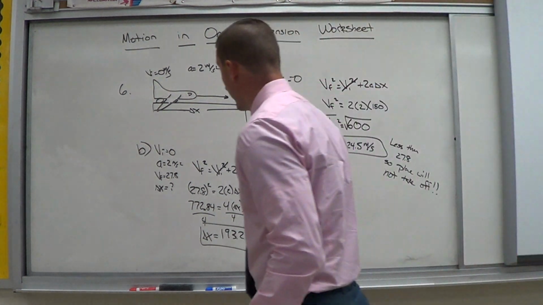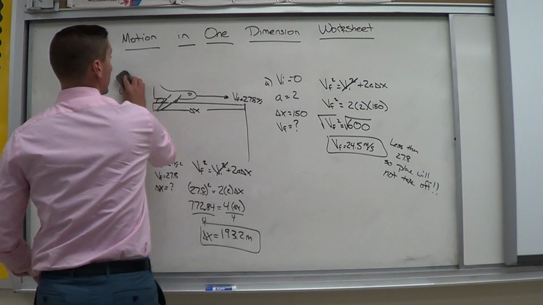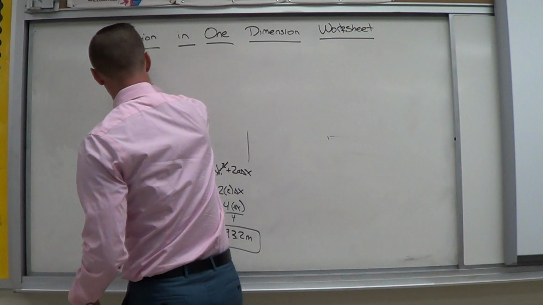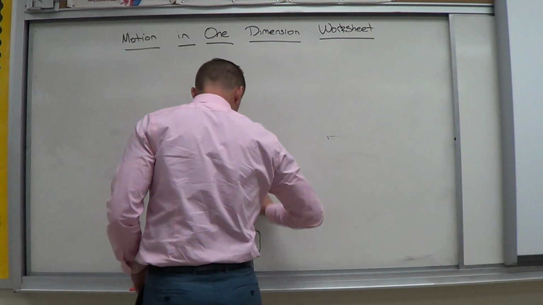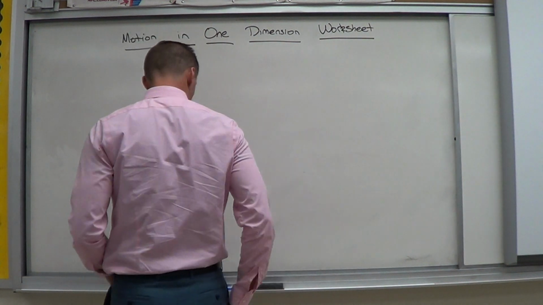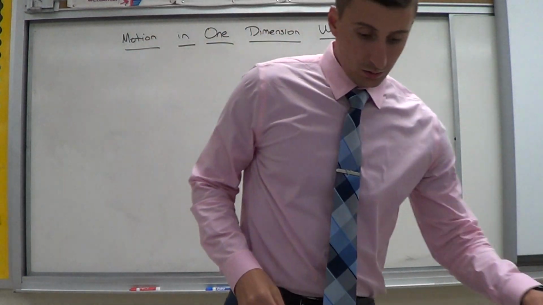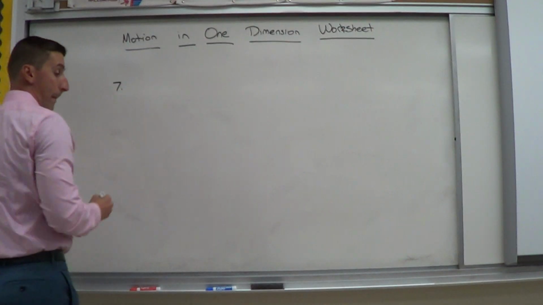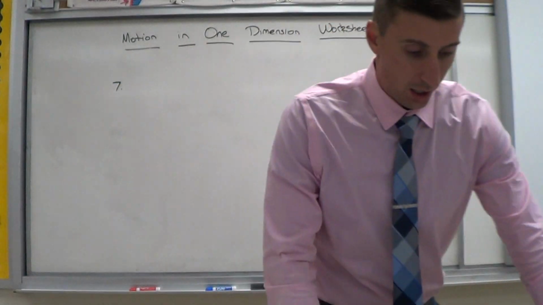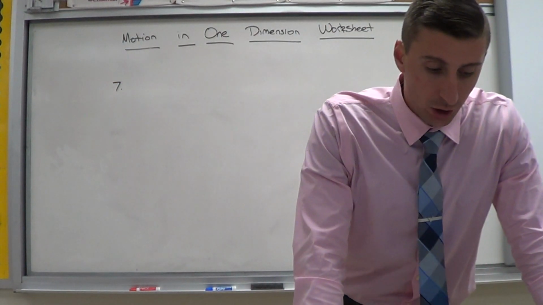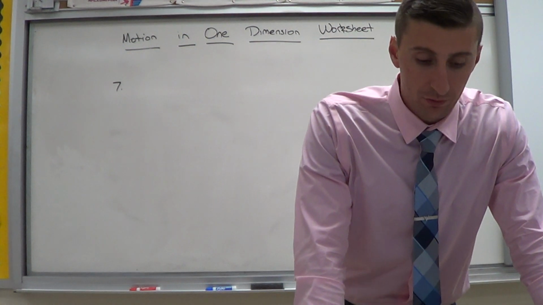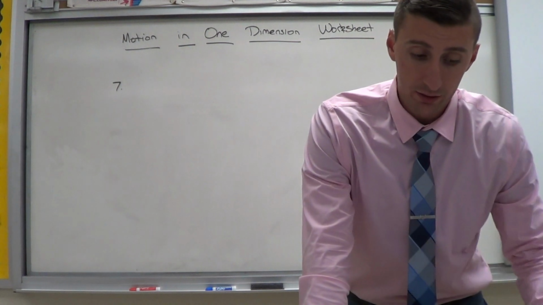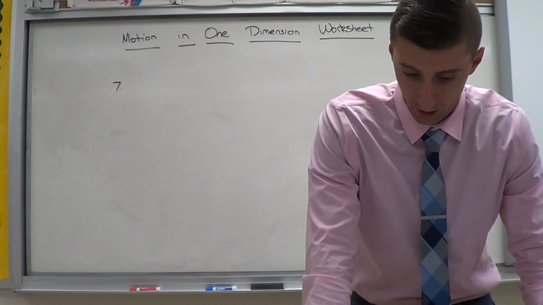Alright, good. So let's go ahead on to number 7. It says, how long does it take a car to cross a 30 meter wide intersection after the light turns green if the car accelerates from rest at a constant 2 meters per second squared?